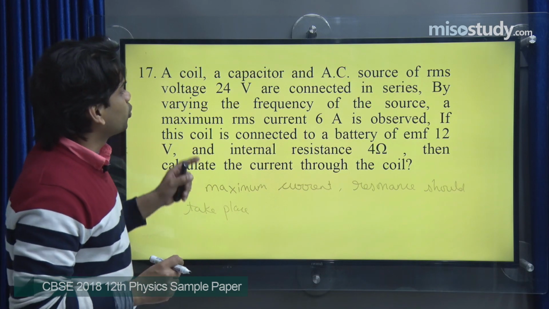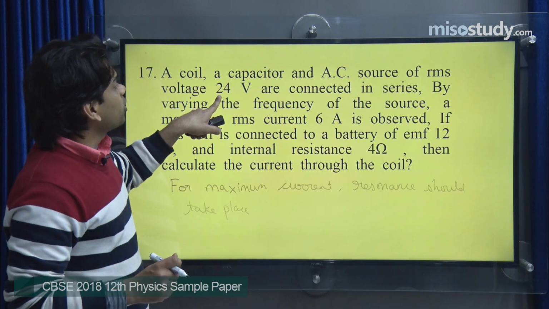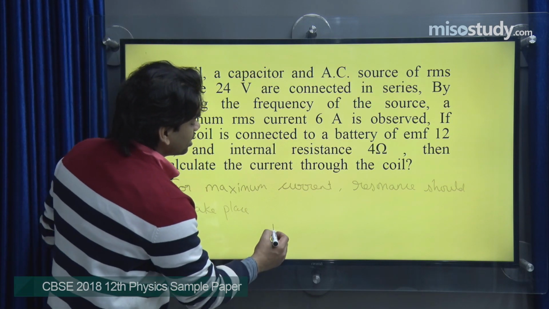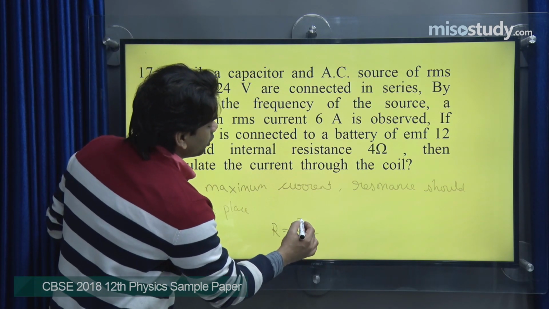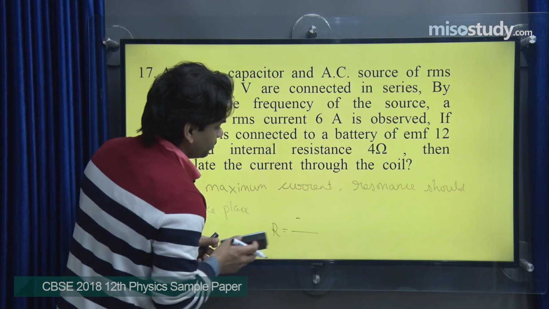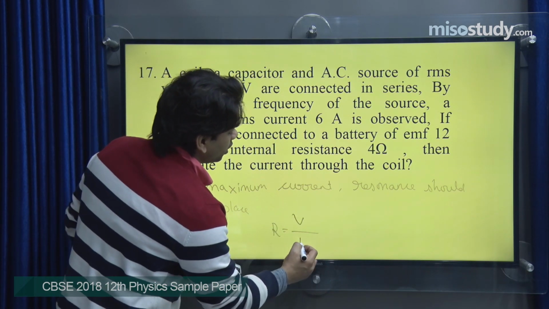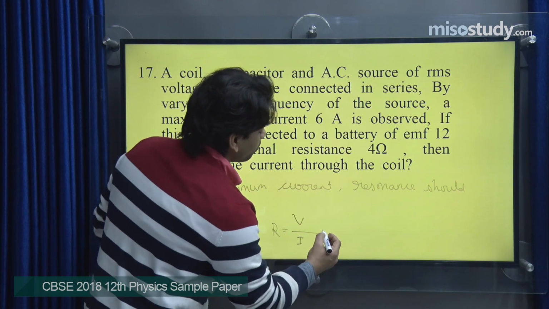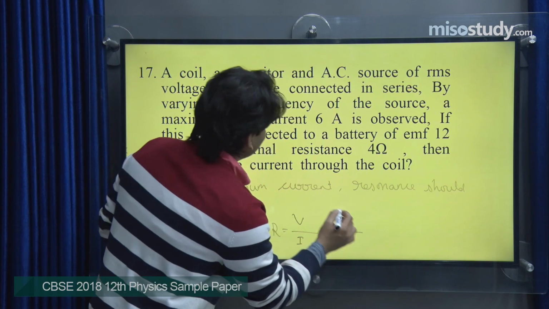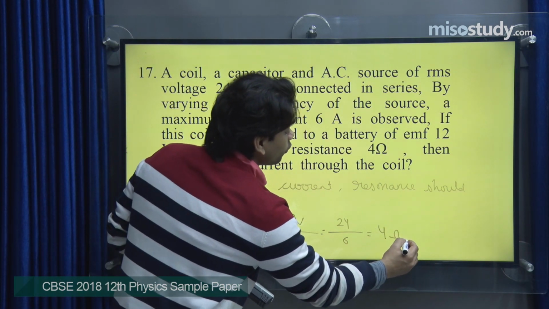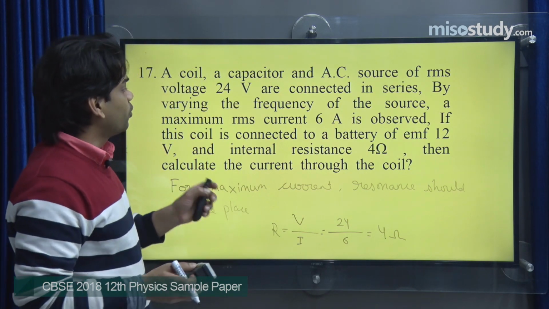The resistance will come out to be V by I, that is 24 volt by 6 ampere. So this is nothing but 4 ohm. So we got the resistance of the coil, that is 4 ohm.